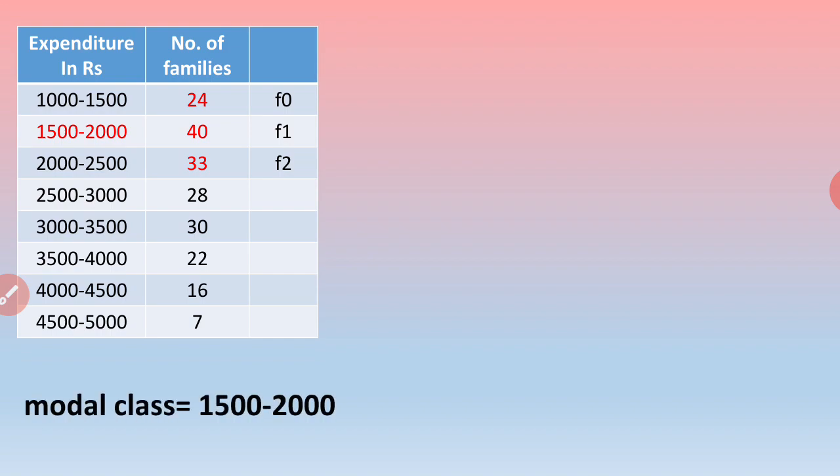Above F1 lies F0, that is 24, and below F1 lies F2, that is 33. The lower limit, that is L of the modal class, is 1500. H is the difference, that is the class height. It is 500 in this case.